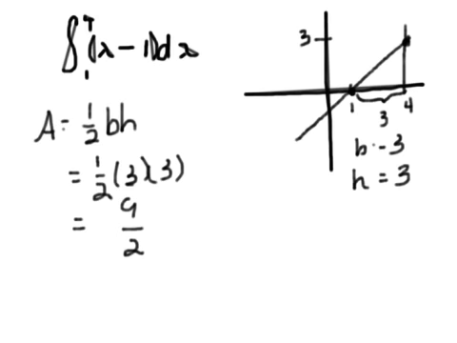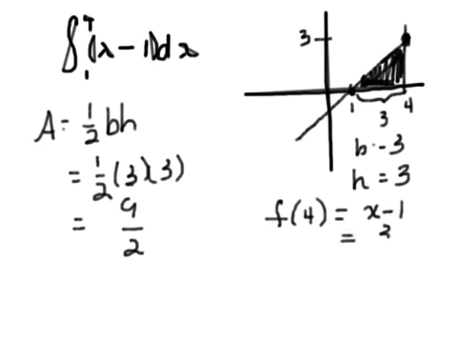So for this problem, I graphed x minus 1, and I see that my area that I'm wanting to evaluate is this triangle right here. So 1/2 base times height. How I found the height right here is I did f of 4 and substituted that into x minus 1, and that's 3.